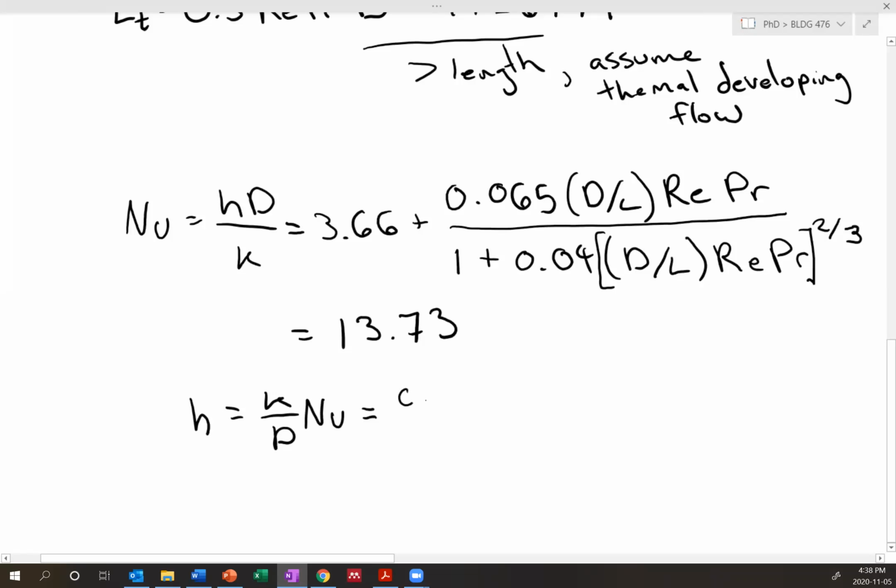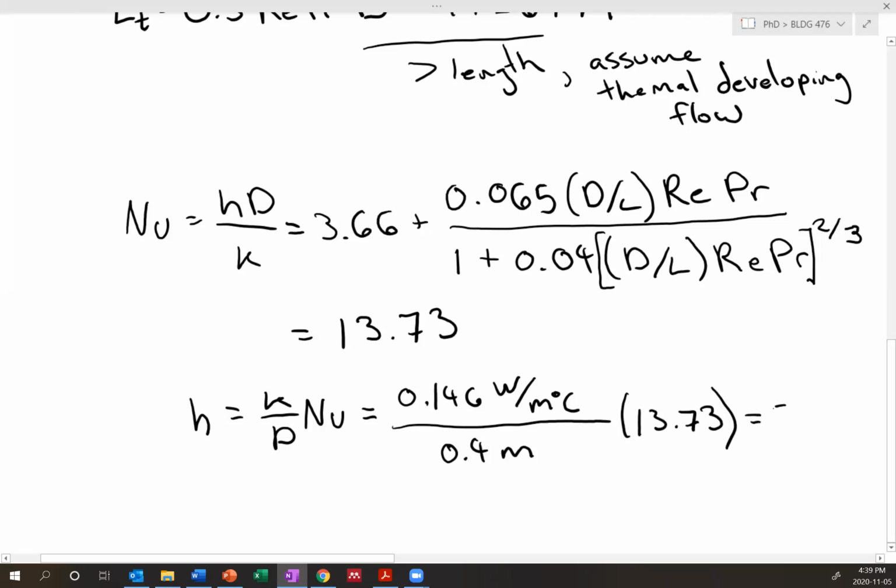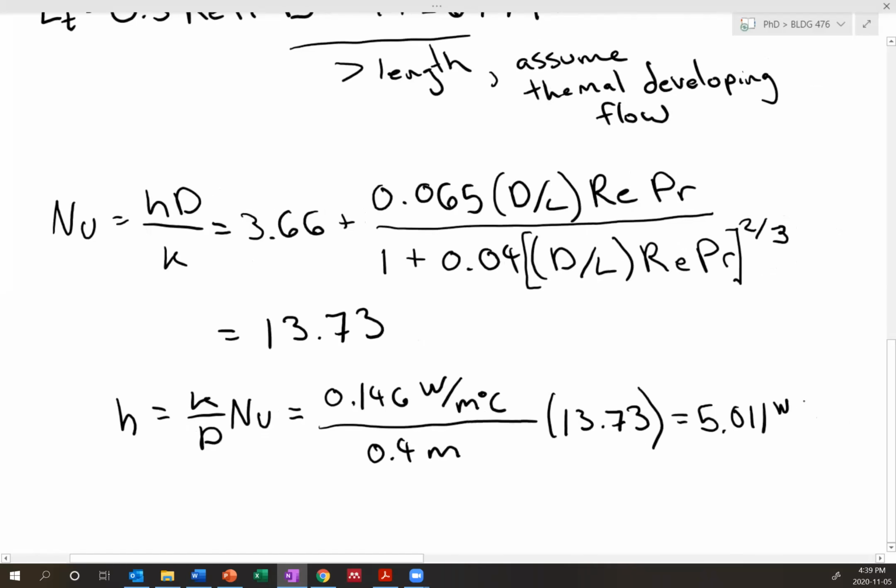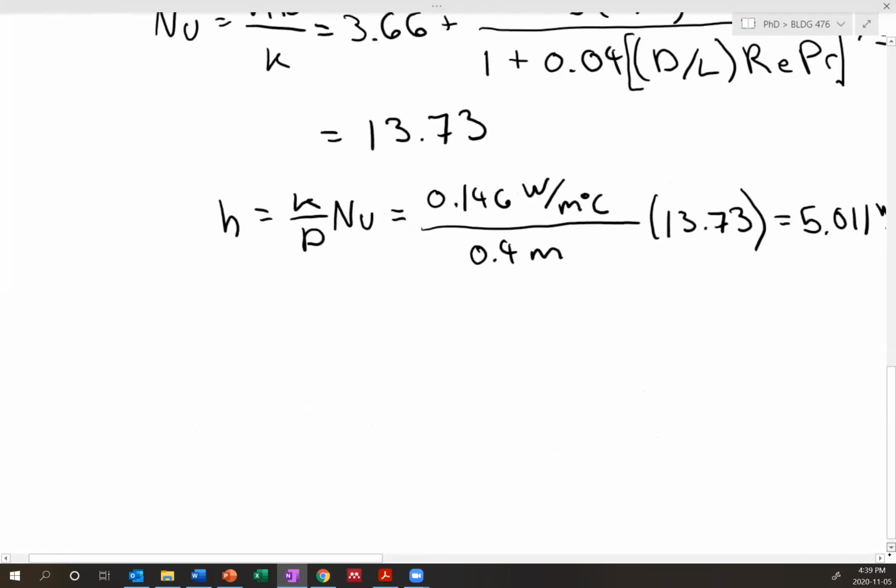So k we got from our table. All right. So that was all to find our heat transfer coefficient.